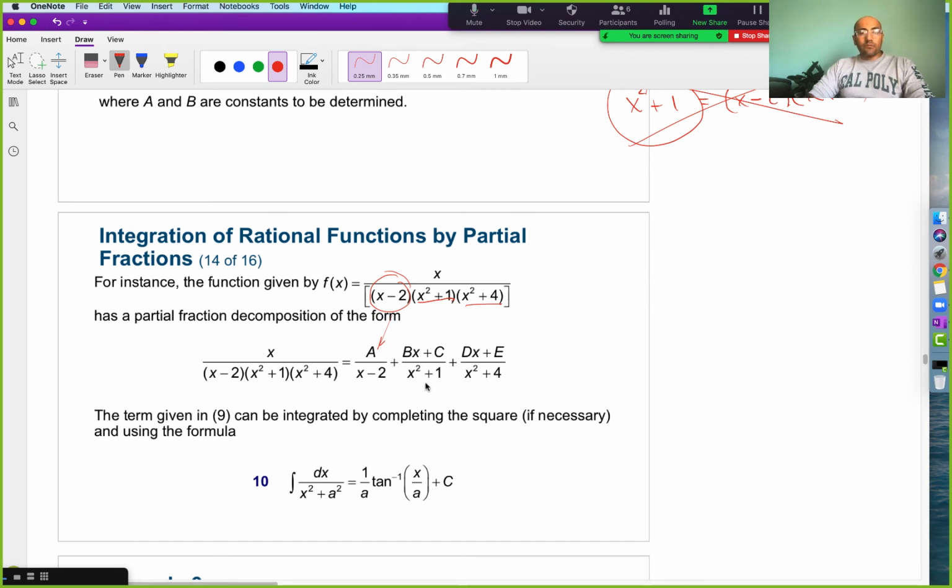So we would do a bunch of work to be able to figure out the values of A, B, C, D, and E. That in itself is going to be really hard. That's really the hardest part of all of this. Once we do that, the hope is that it's easy to integrate, hopefully.